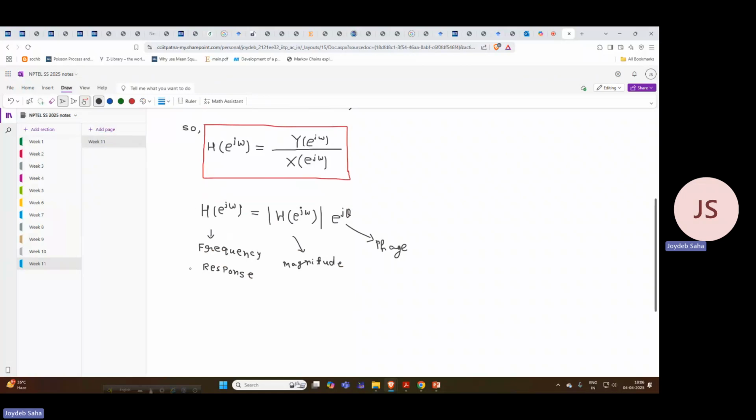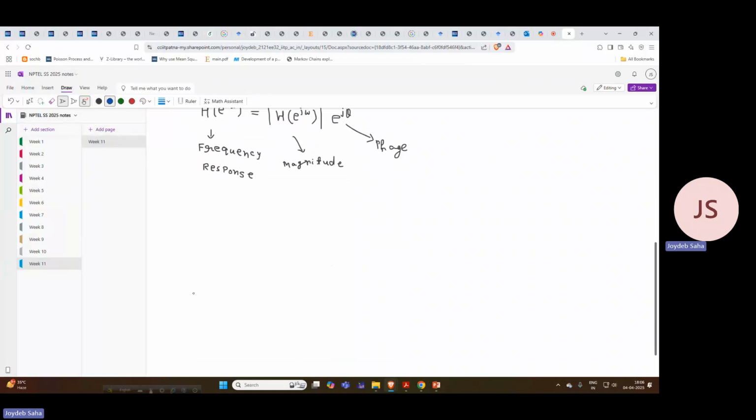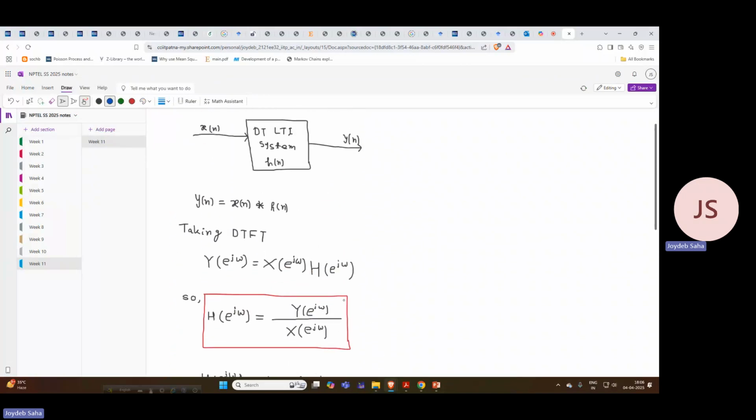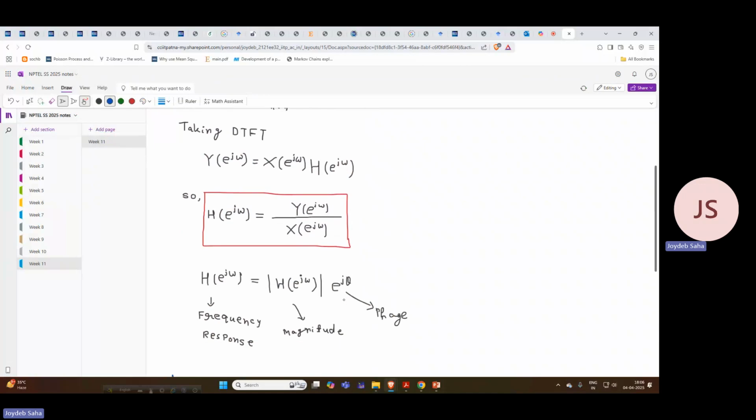Now we will start with question 1. Before that, look at this, what we have done till now. Is there any confusion or any doubt you may ask?